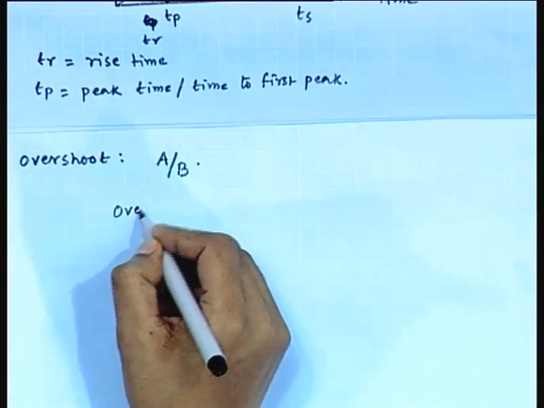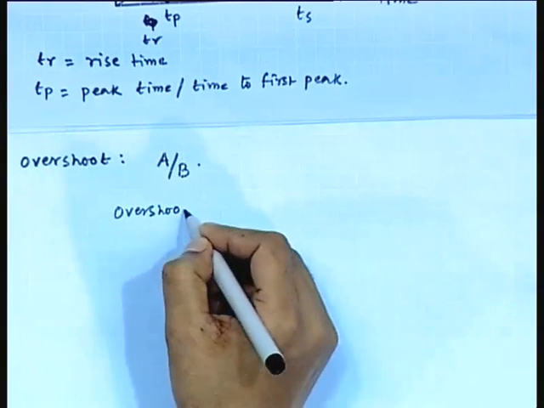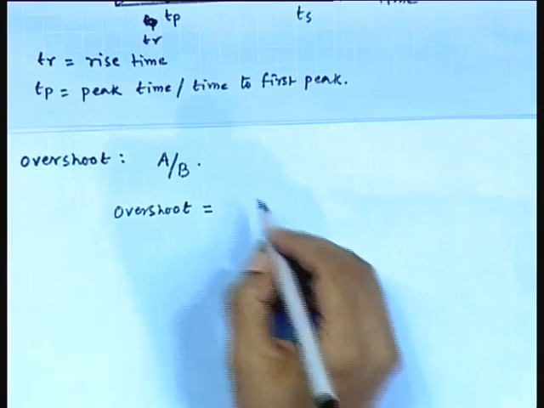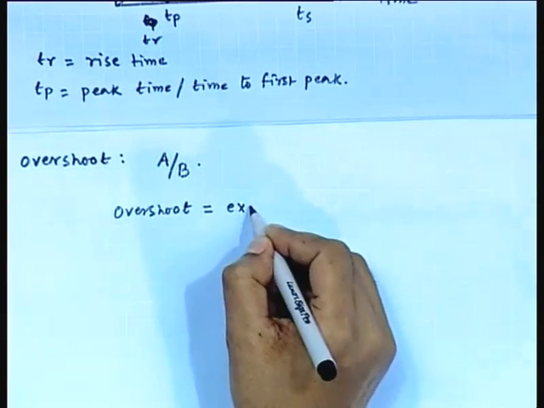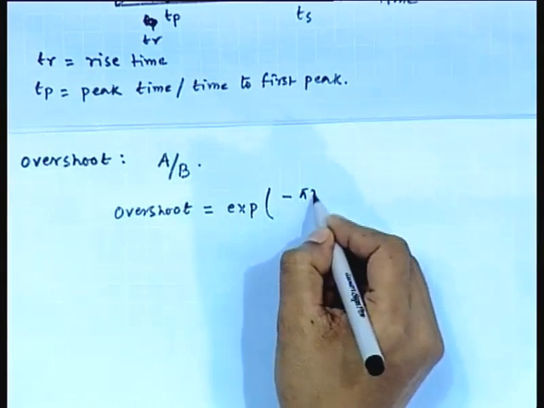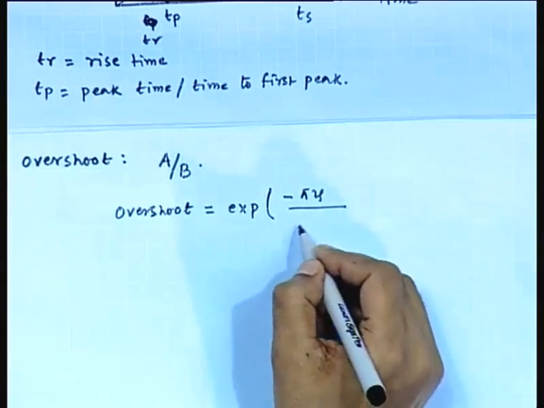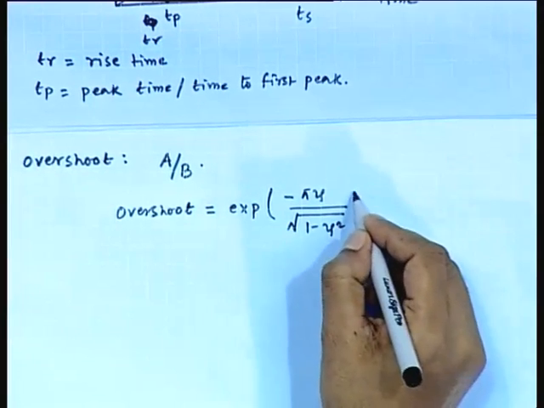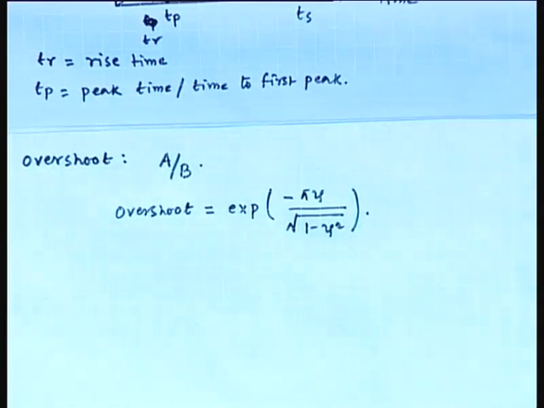And the mathematical expression for the overshoot is represented by this equation: exponential of minus pi zeta divided by root over of 1 minus zeta square. This is the expression for overshoot.